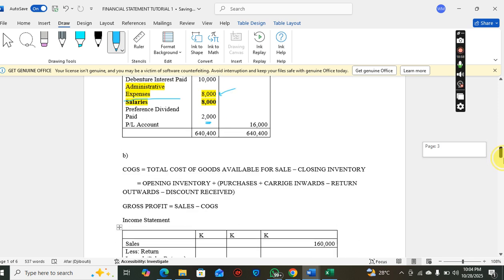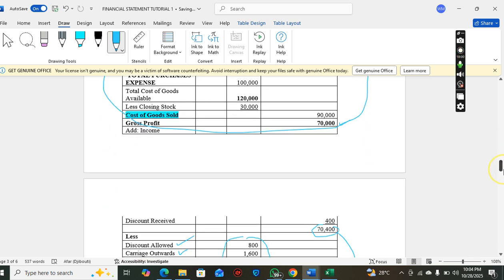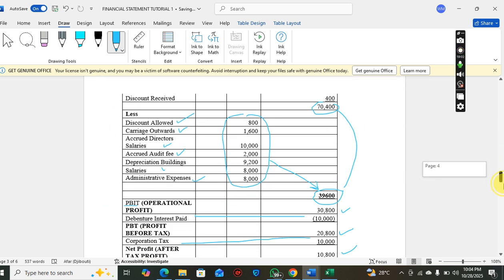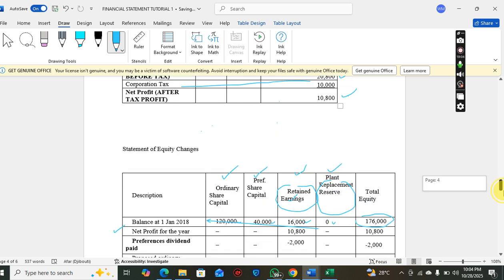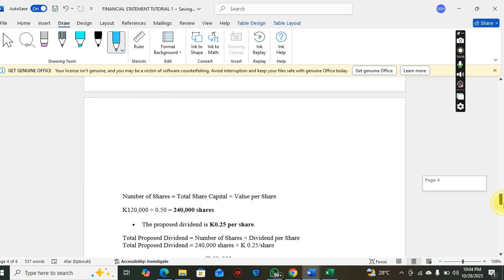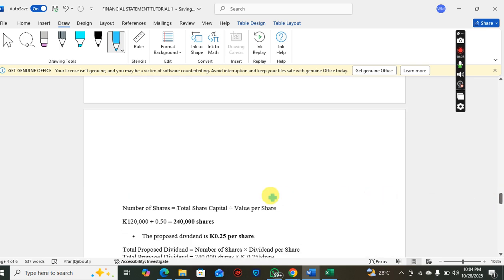So you have to calculate how much is going to be paid as these ordinary dividends. This is how you do it. First, calculate the number of ordinary shares that this company has. To get the number of shares, it's just the total ordinary share capital divided by the value per share.